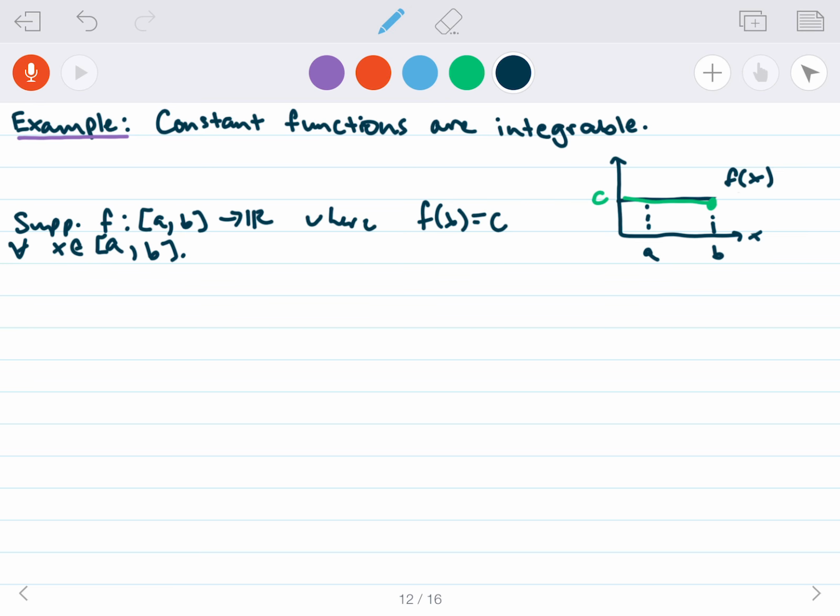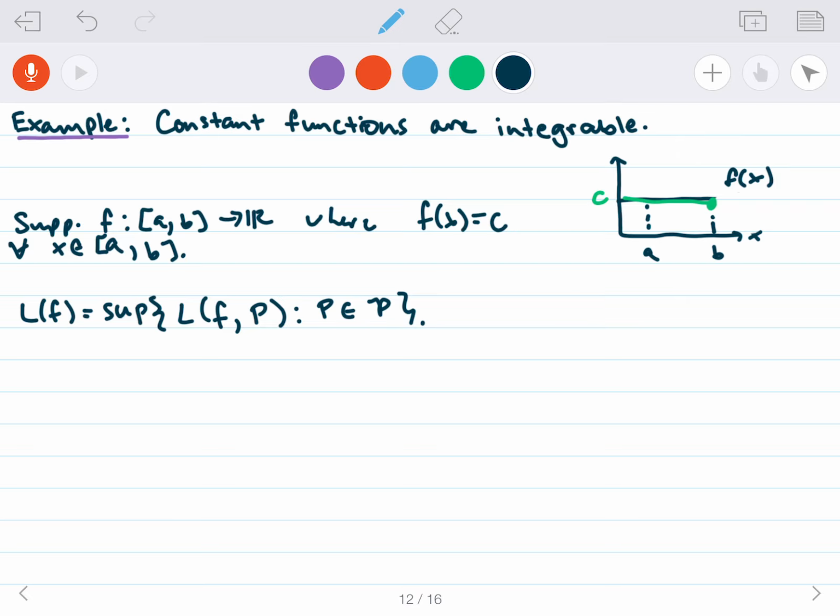All right, and so we're trying to show that the lower integral equals the upper integral. Okay, so the lower integral is equal to the supremum over all such partitions of the lower sums.